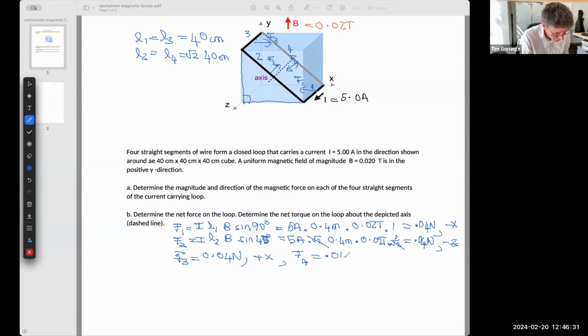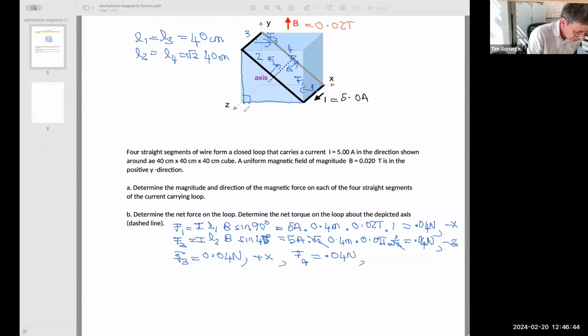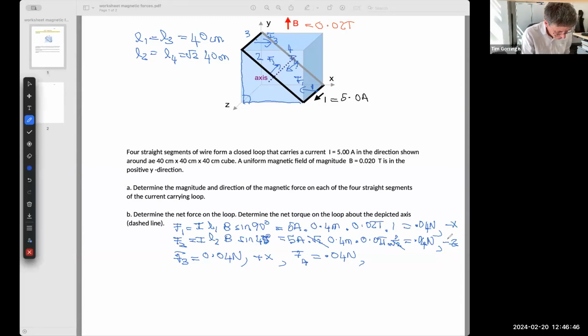That's 0.04 newtons. The direction of the force is going to be opposite the direction of the force on wire 2. The force on wire 2 was in the negative z direction. This is going to be in the positive z direction.